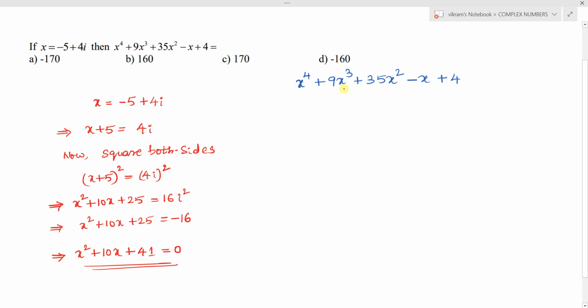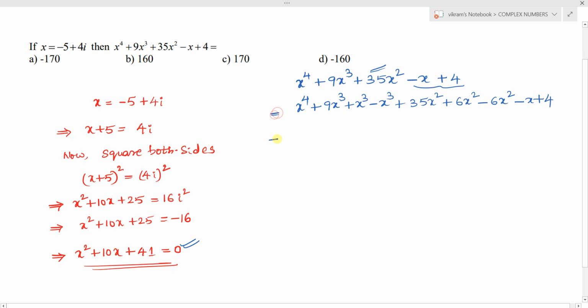For this to get into this form, I am adding plus x cube and minus x cube, and for the term 35x square, we need to get 41, so I can write plus 6x square minus 6x square. Then next we have these two terms, minus x plus 4.